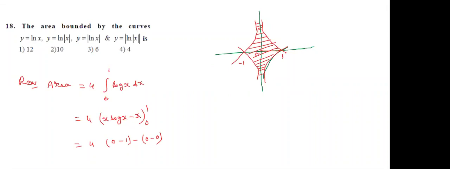But here we are getting negative, minus 1 as the answer. So that's why put modulus, as area should always be positive. So what is the answer now, students? 4 into 1, that is 4 square units. Fourth option is correct.